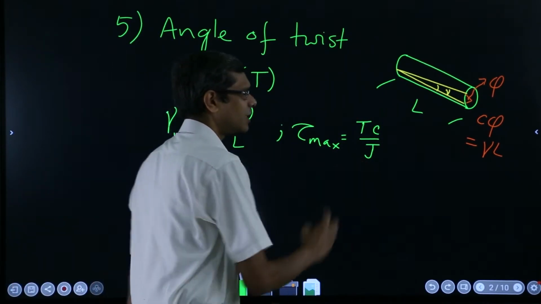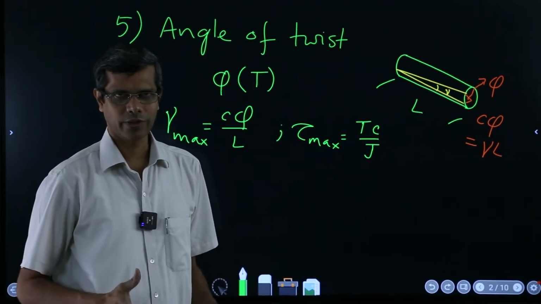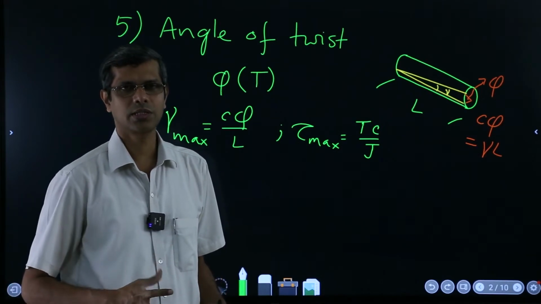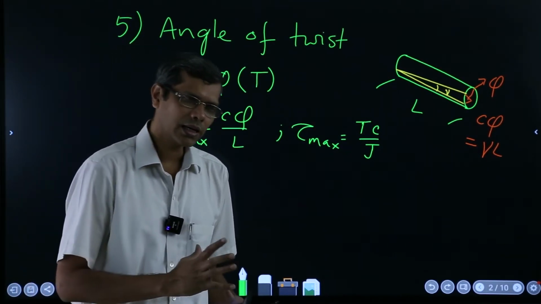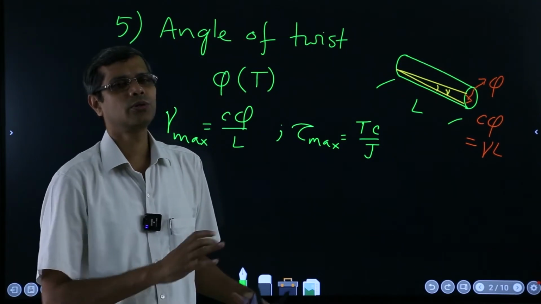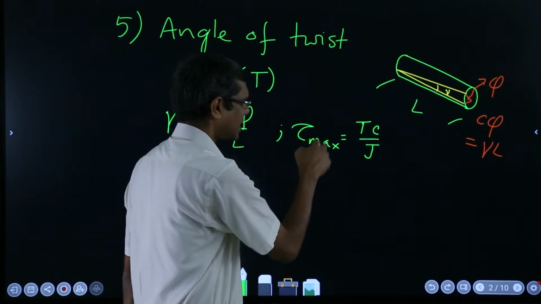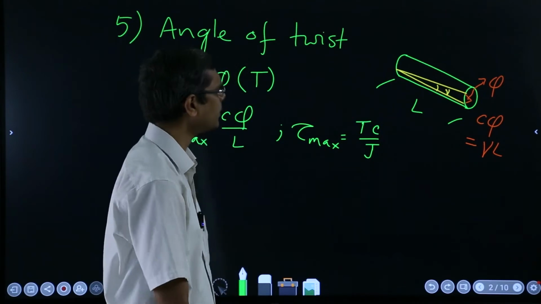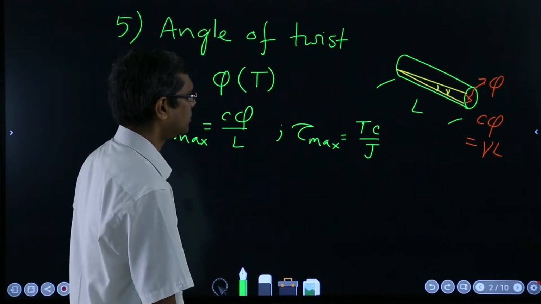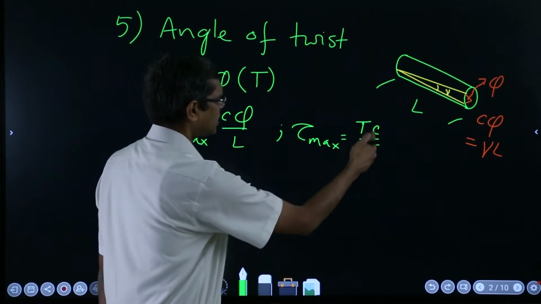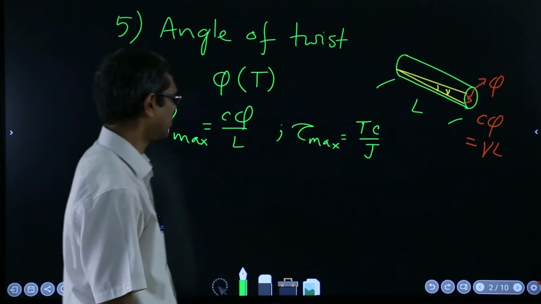That means the more the polar moment of inertia, the distribution is such that it will produce less amount of stress, for a given torque and maximum radius. So that is how you can think about this equation.